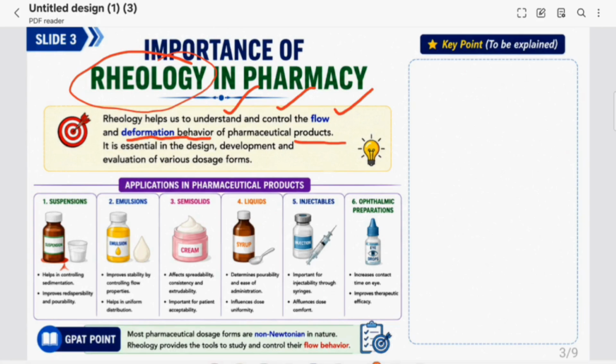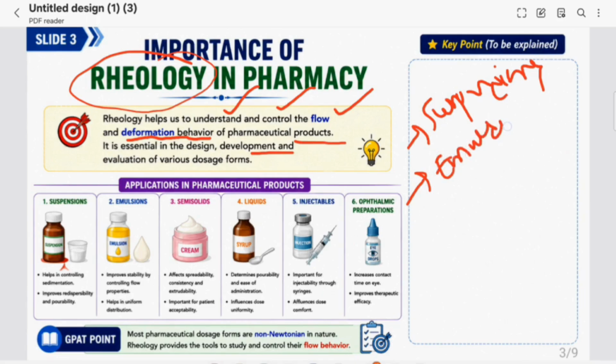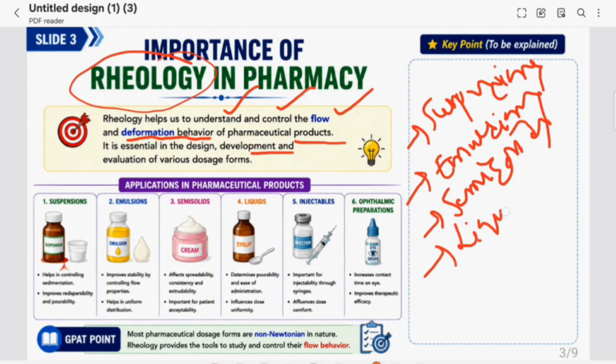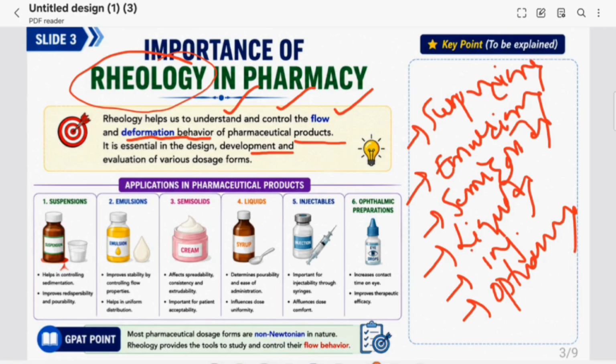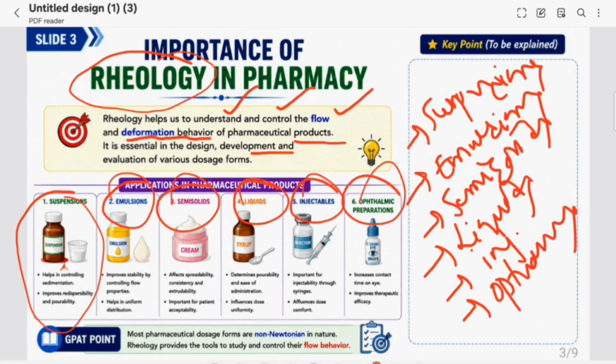It is essential to design certain dosage forms like suspensions, emulsions, semi-solids, liquids, injectables, and even ophthalmic preparations. In the diagram we can see suspensions, emulsions, semi-solids, liquids, injectables and ophthalmic preparations.